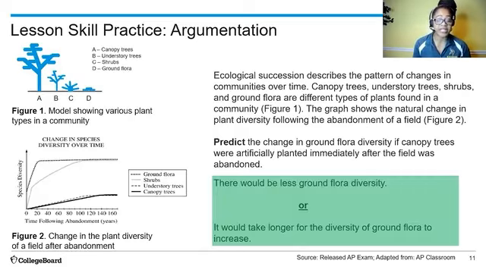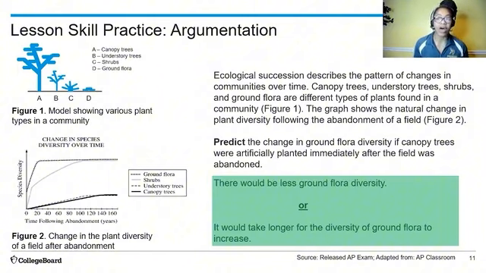You could have made a prediction that there would be less ground floral diversity overall, or that it would take longer for the diversity of ground flora to increase. Now, why do we say that? Because if we give the landscape time, it takes a whole lot more time for the canopy trees to actually grow. Think about growing from a seedling to a sapling to an actual full-blown tree.